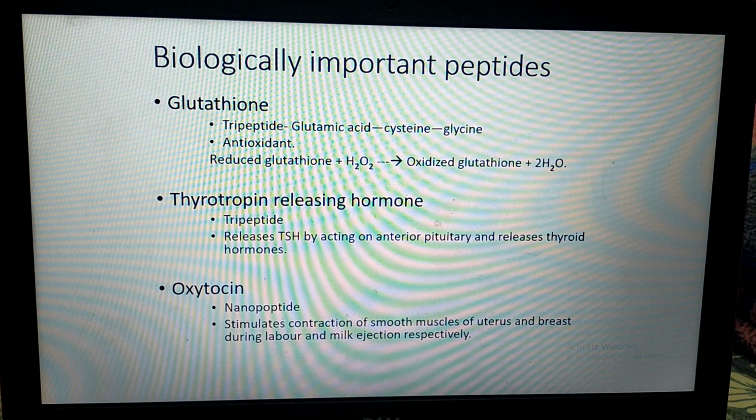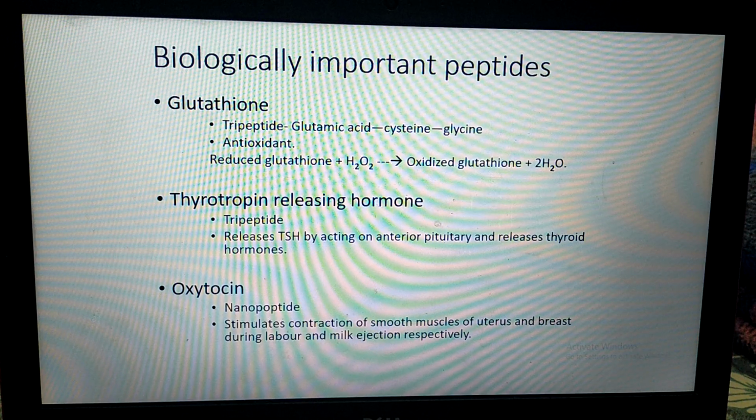The first and most important biologically important peptide is glutathione. It is a tripeptide made up of three amino acids: glutamic acid, cysteine and glycine. It acts as an antioxidant, that means it removes free radicals or reactive oxygen species from the body.